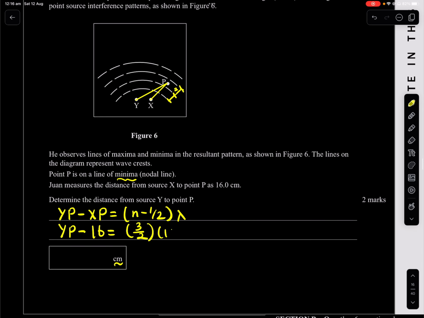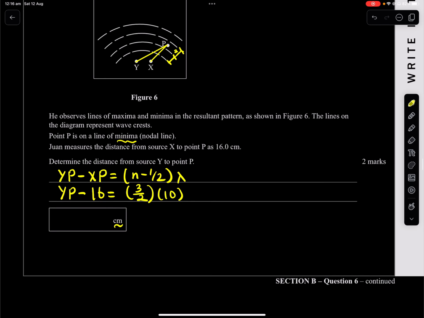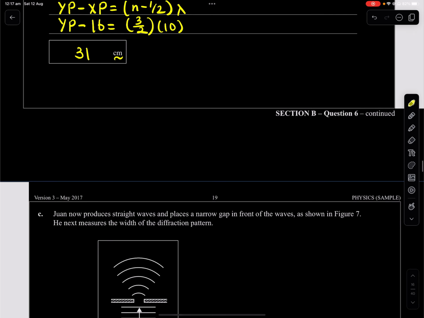Doing this on my calculator, 3 over 2 times 10 plus 16 gives 31 centimeters. Very nice.